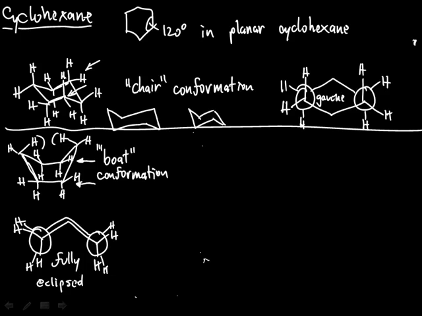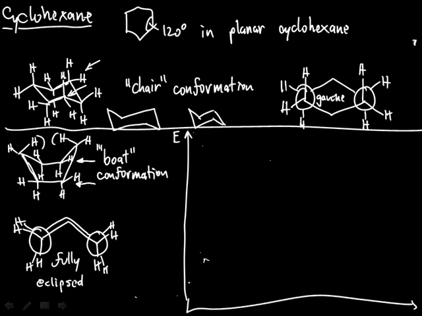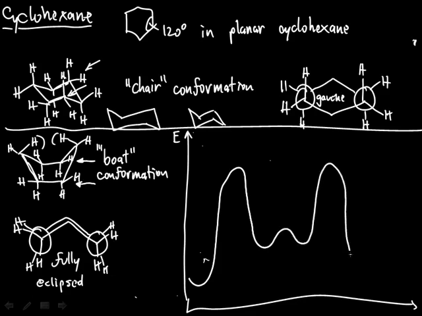In fact, if we draw out the energy diagram for cyclohexane, it looks sort of like this. I will first draw it and then explain what the individual points are. The most stable conformation, as I mentioned already, is the cyclohexane chair, and there are two mirror images of these chairs.